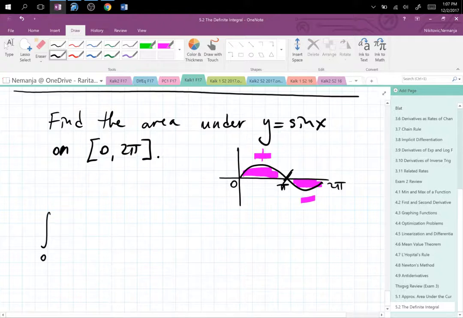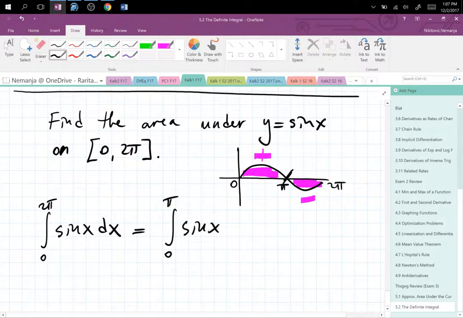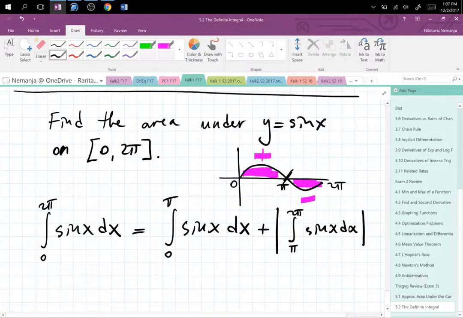So the integral 0 to 2 pi of sine x dx is going to be cut into 0 to pi sine x dx, which is the first bump on the positive side, plus the absolute value of pi to 2 pi sine x dx for the second part.